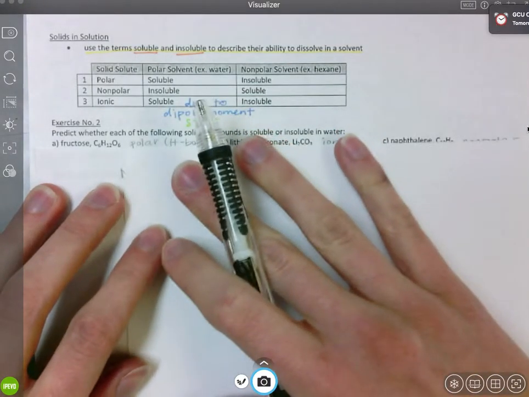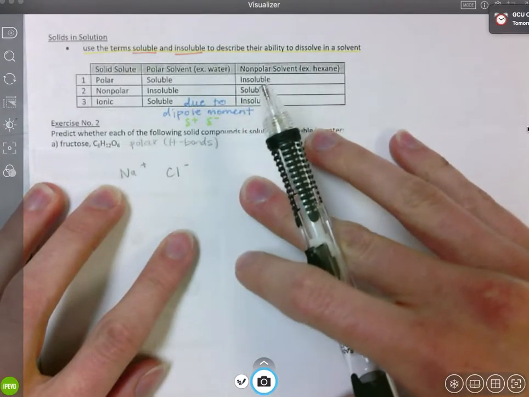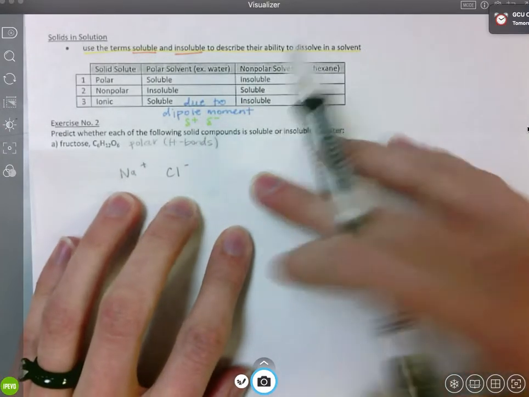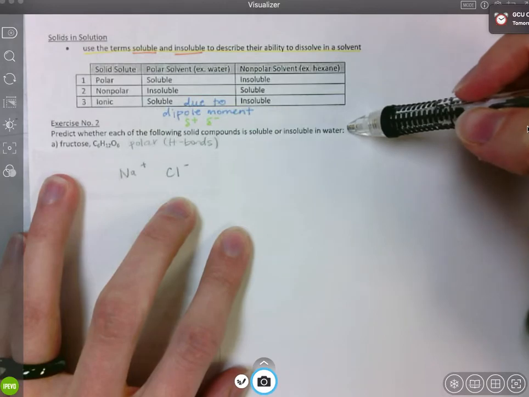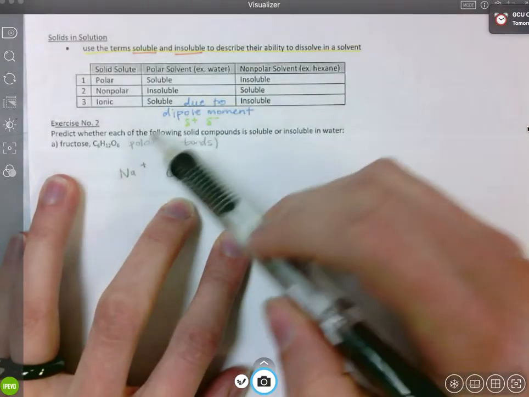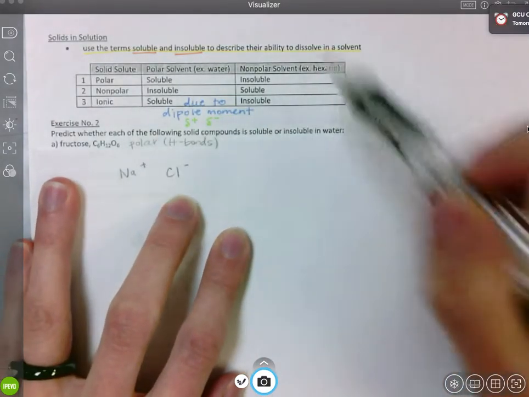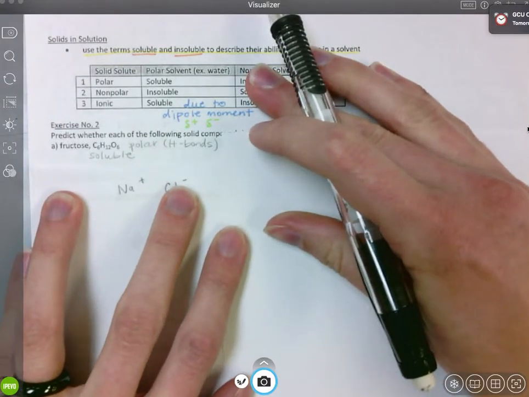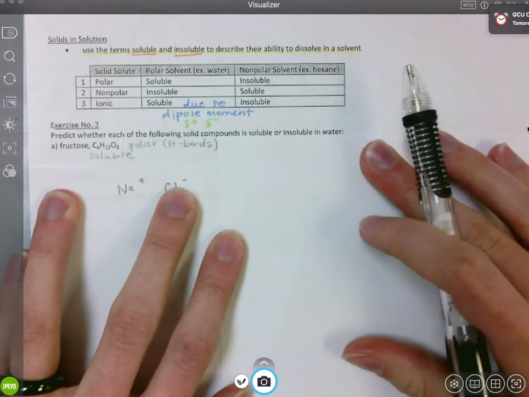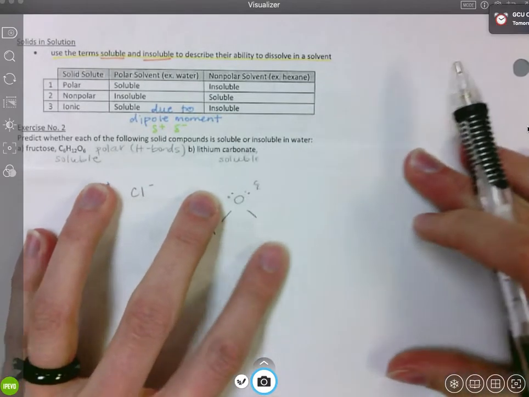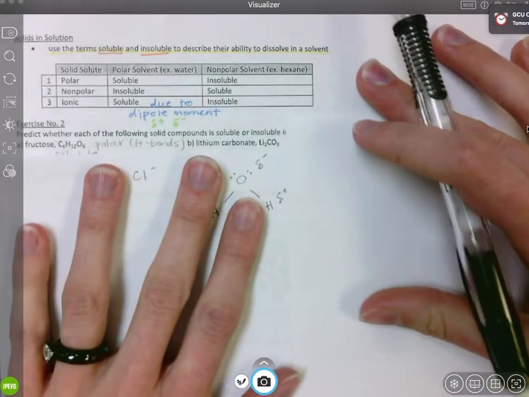So with a polar molecule, we actually have hydrogen bonds present. So water is polar. So we got a polar thing dissolving in another polar thing. So that means it is soluble. Fructose is soluble in water. Letter B, we got lithium carbonate.